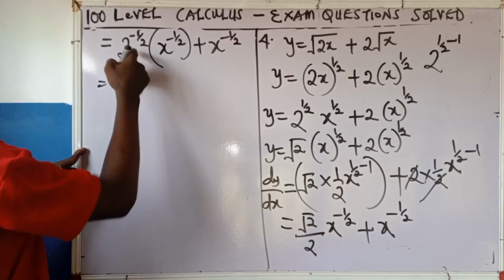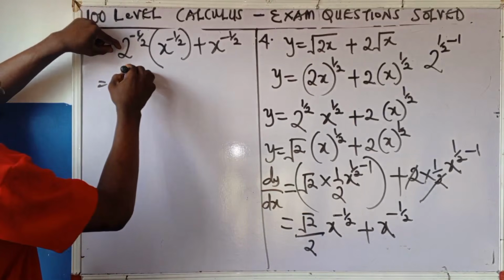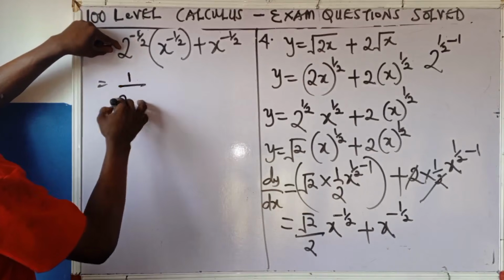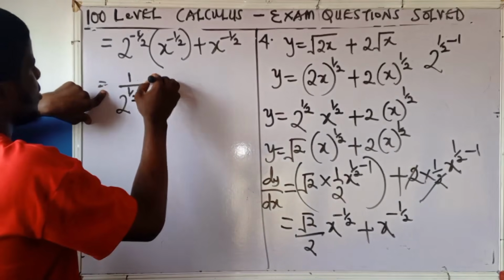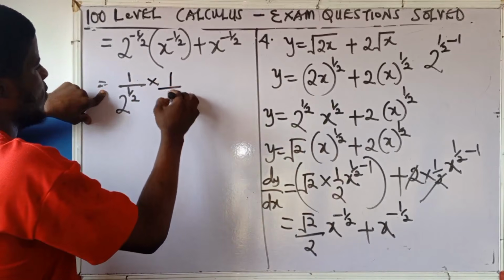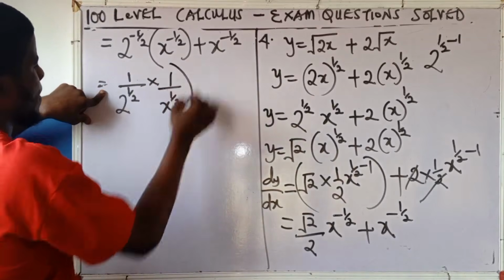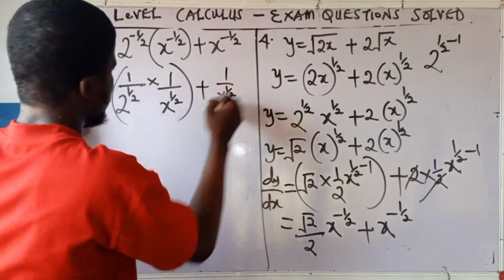Okay, you agree with me? If I do the indices, it will be 1 over 2 to the power of 1 over 2. They are the same. Then times this one also will be 1 over x raised to the power 1 over 2. Yes. Then this is 1 over x, the same thing.